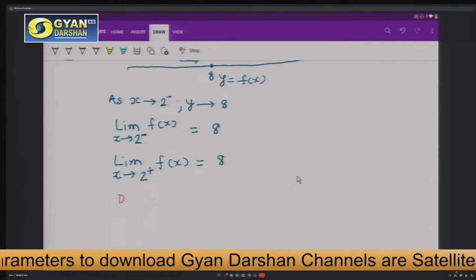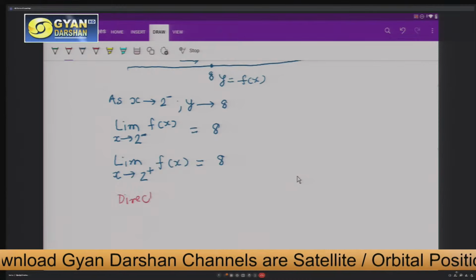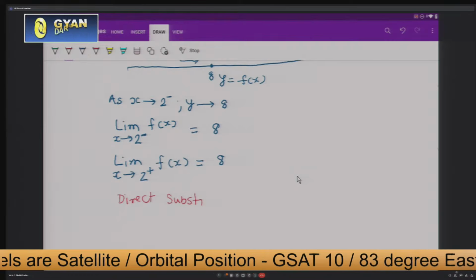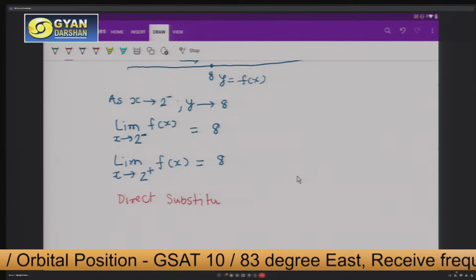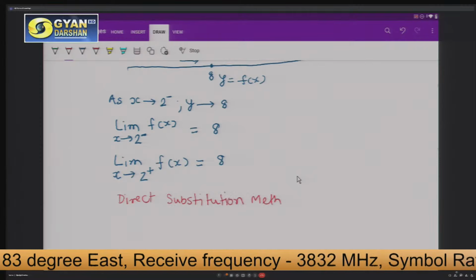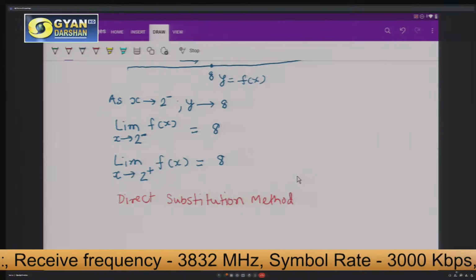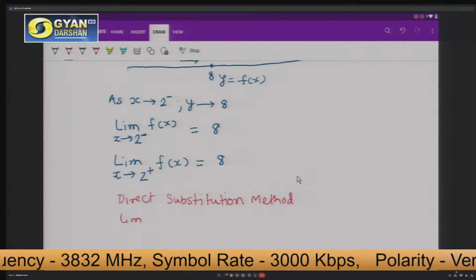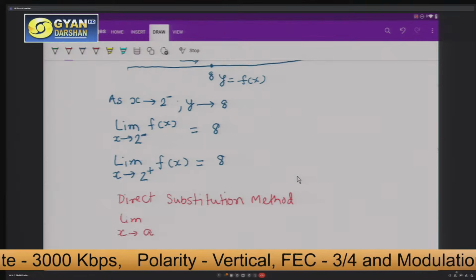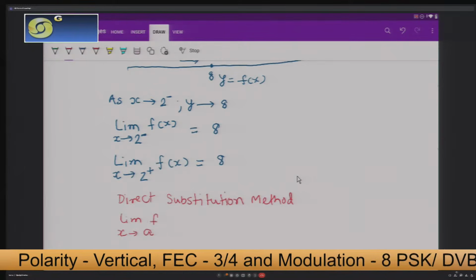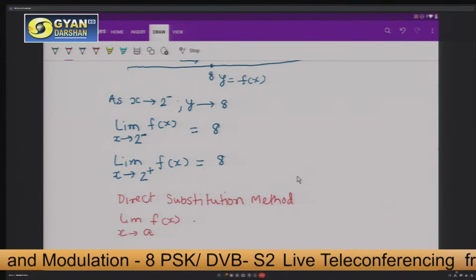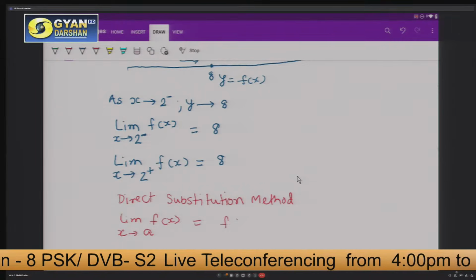What is the direct substitution method? As the name suggests, suppose x tends to a constant a, then the limit of f(x) will be equal to f(a).